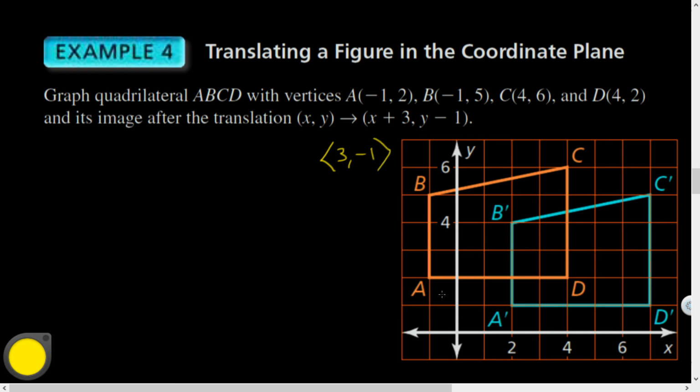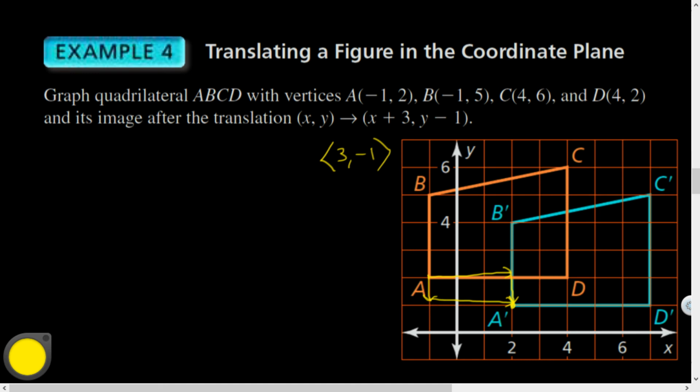Notice that for any one of these points, if I go right 3 and down 1, or down 1 and right 3, I will land at its corresponding image. Nothing too crazy there.